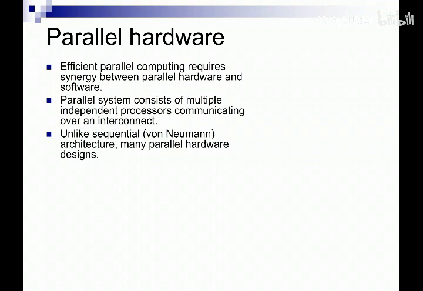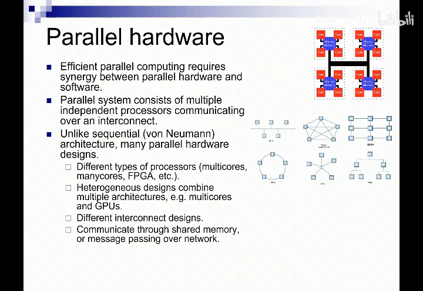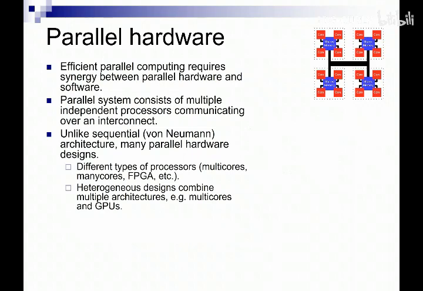When you move to parallel computing, however, you have many different parallel architectures. Okay, so for example, in this figure over here, I'm showing one particular architecture, right? It's a combination of a distributed and shared memory architecture. And in later lectures, I'll talk more about what those terms mean.